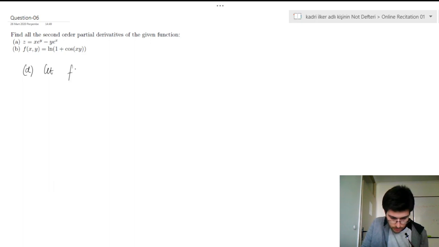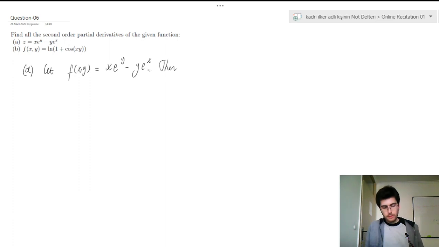For the sake of completeness, let me define everything suitably. So we have this and that. Then, for instance, let's compute f sub x. Now it is easy, we know how to compute it.